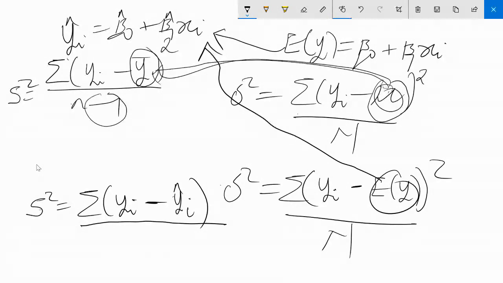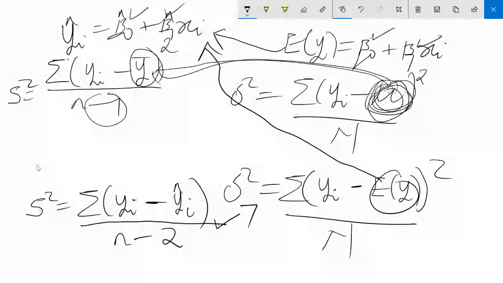We divided by n minus 1 before because we estimated one parameter. We lost 1 degree of freedom. Here we have 2 parameters, so we are estimating 2 parameters. We are losing 2 degrees of freedom. So this becomes the point estimator of this.